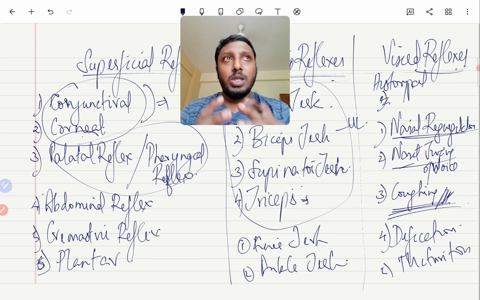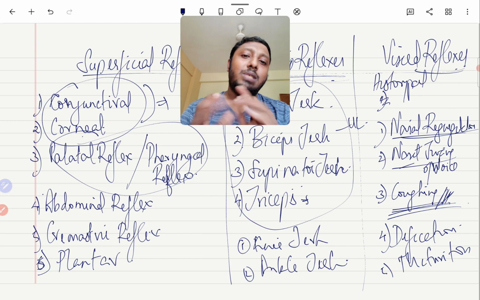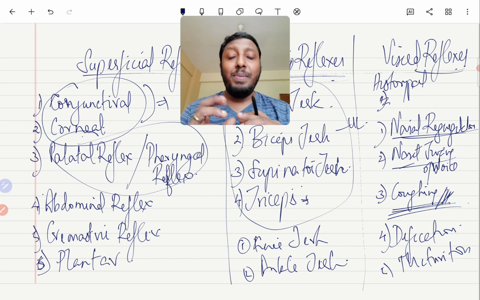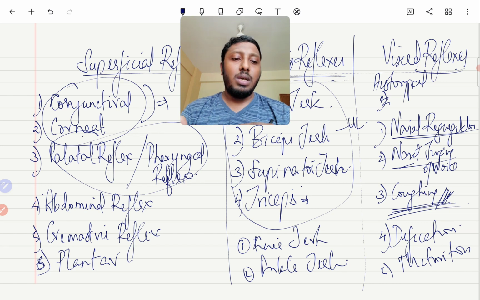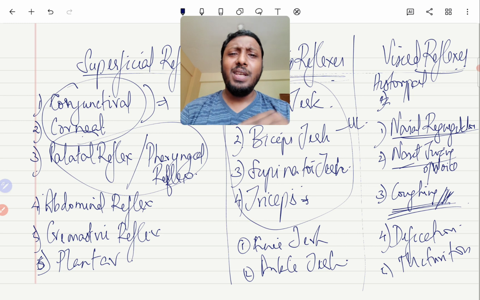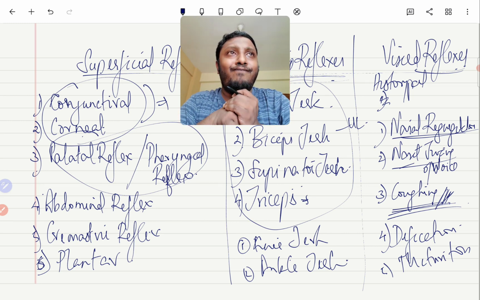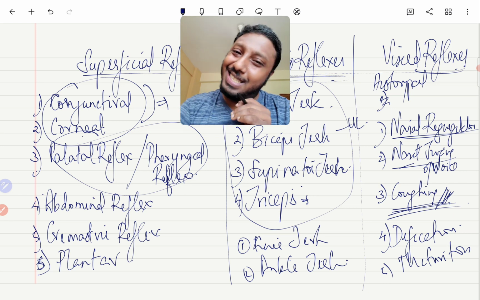If there is any problem with the center, the micturition reflex will get affected. So you can ask for symptoms of incontinence, difficulty in micturition or defecation, constipation, and urinary retention. That's the word for it.